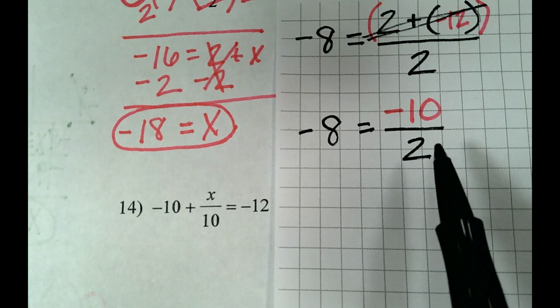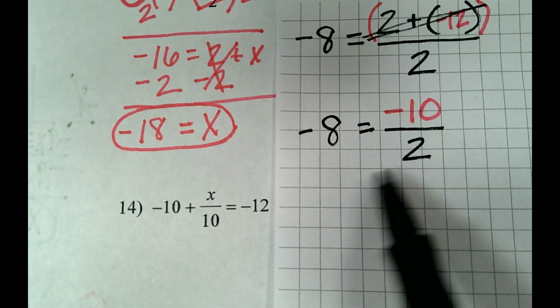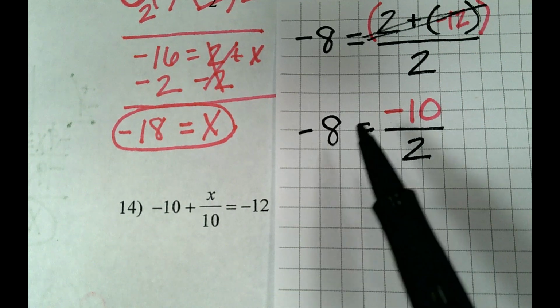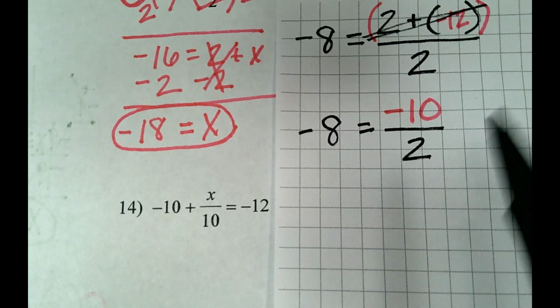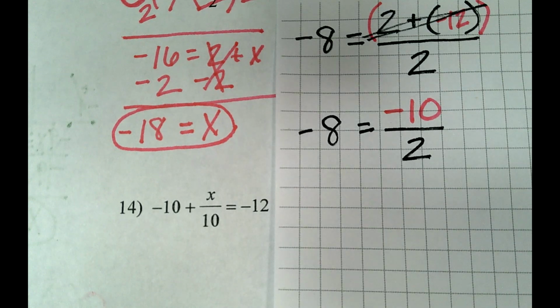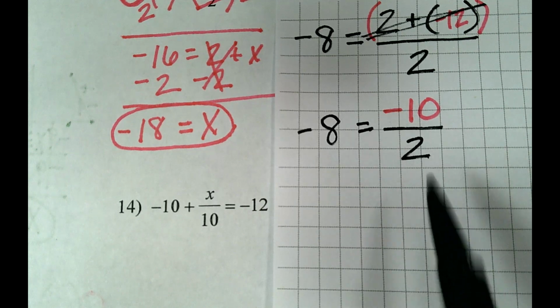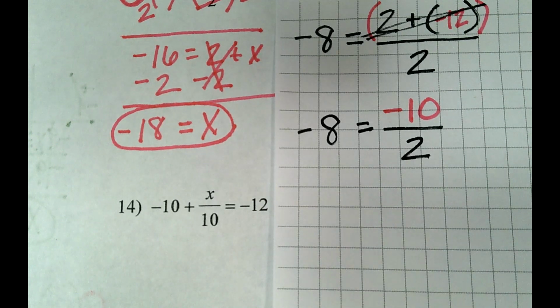Now, over here, negative 10. Now we have a division problem. We're not solving anymore. We're seeing if this is correct. So we plugged in that negative 12 to see what would happen if I put in an answer that isn't correct, and I'll show you how we know it's not correct. So now I have negative 10 divided by 2, and what is that?